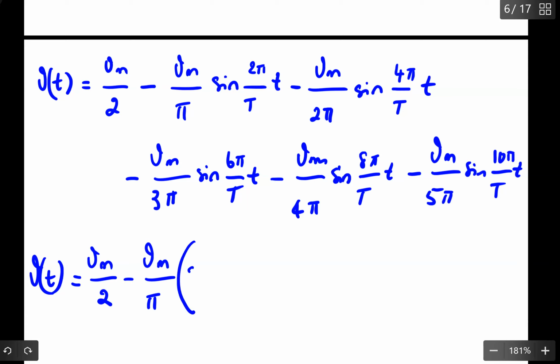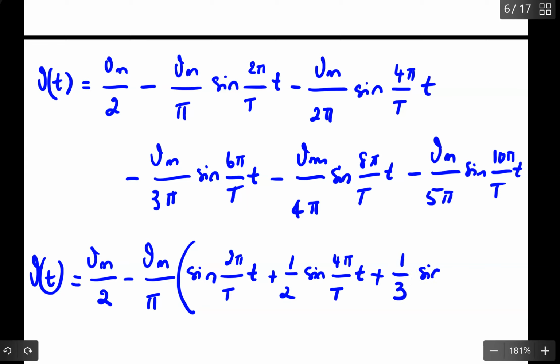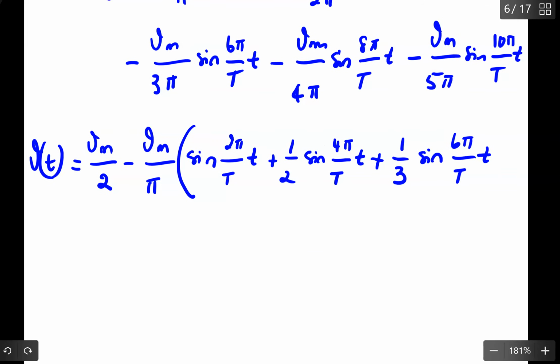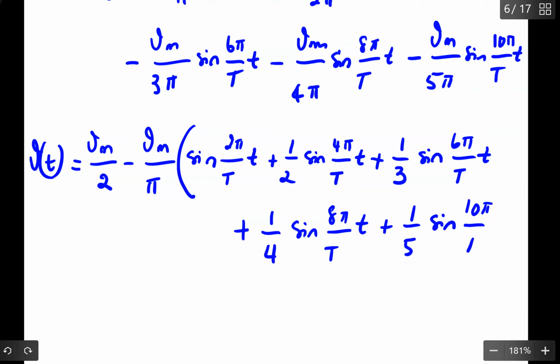So inside the bracket I should have sine of 2 pi over T times t plus a half of sine 4 pi over T times t, and then plus 1/3 sine of 6 pi t over T. Then I add 1/4 sine of 8 pi over T times t plus 1/5 sine of 10 pi t over T, and close the bracket.